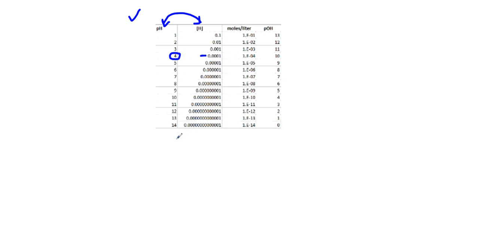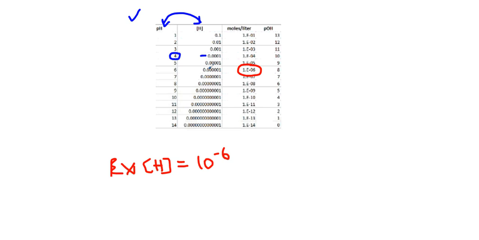Let's go ahead and try one. Let's just do an example here. What if I told you, for example, that the concentration of hydrogen, sorry about my lousy handwriting here, is 10 to the negative 6. Let's see, 10 to the negative 6, there it is.